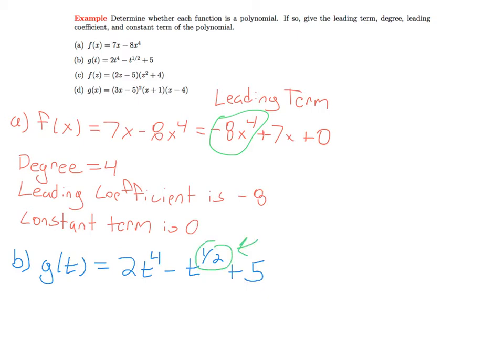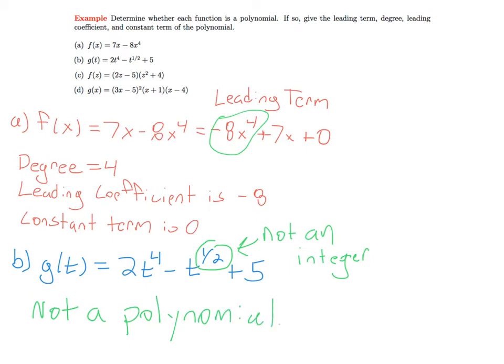This 1/2 is not an integer, and polynomials have only non-negative integer powers of the variable. So it's not a polynomial. It is a function, it's just not a polynomial function. For C and D, we'll move over to another slide since we need some more space.